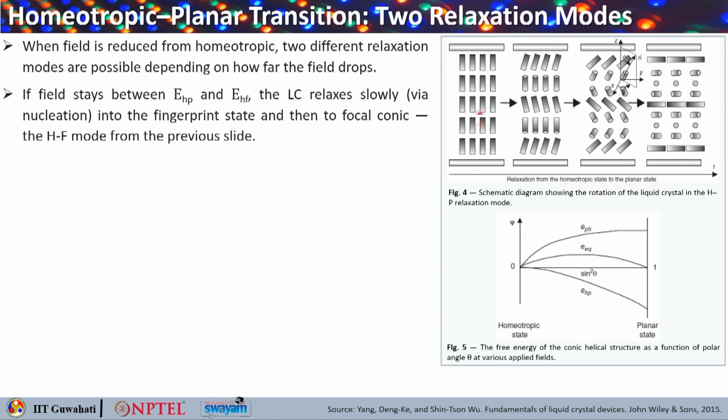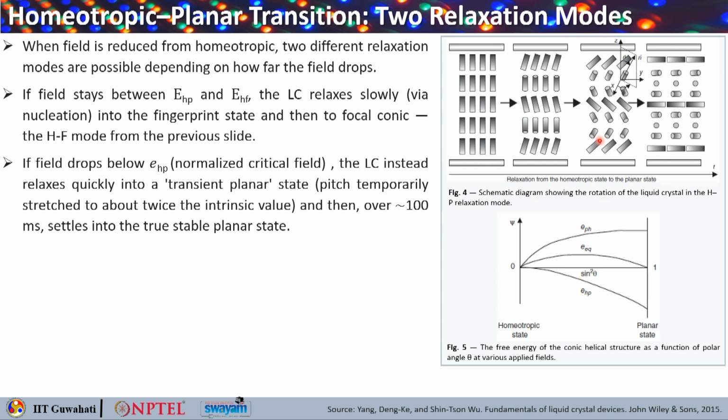If the field stays between EHP and EHF, the liquid crystal relaxes slowly via nucleation into the fingerprint state and then to the focal conic state. That is basically the HF mode from the previous slide.